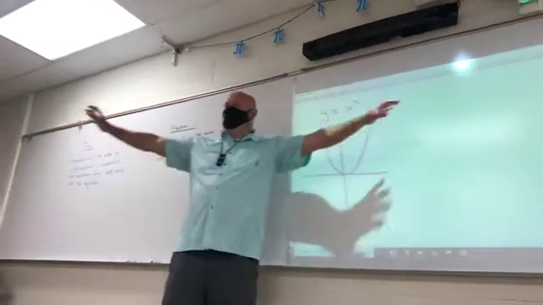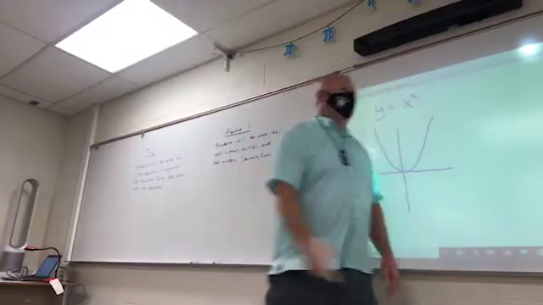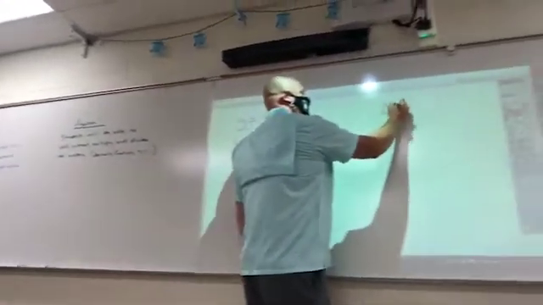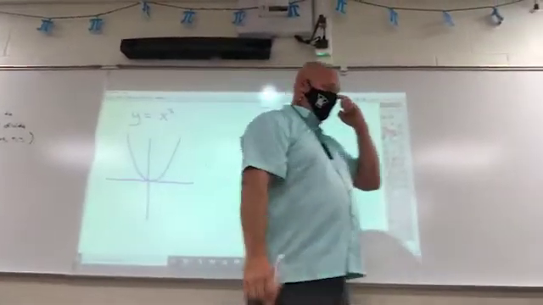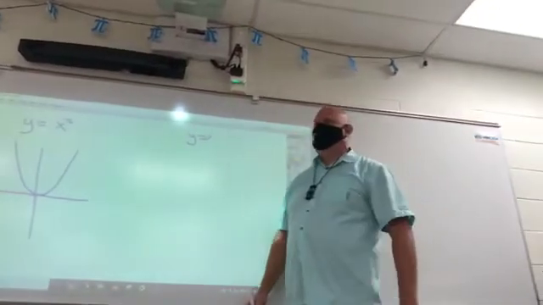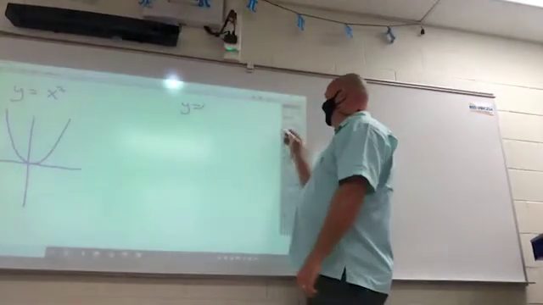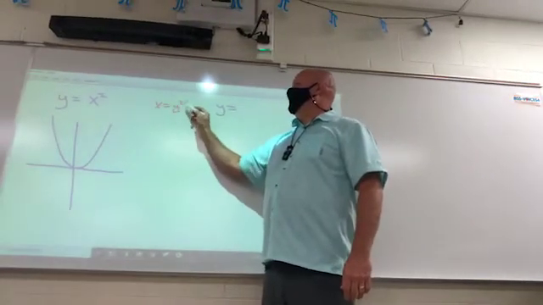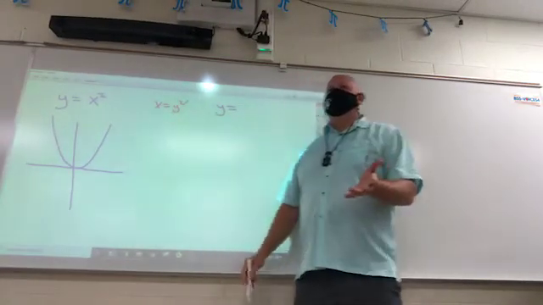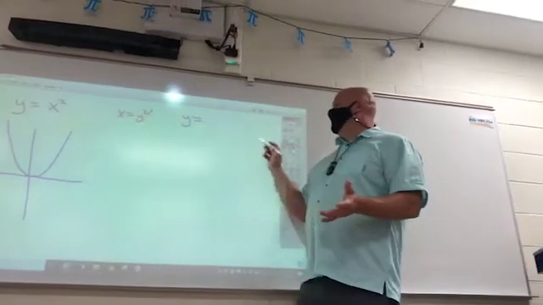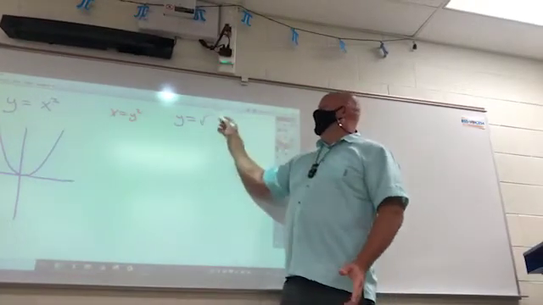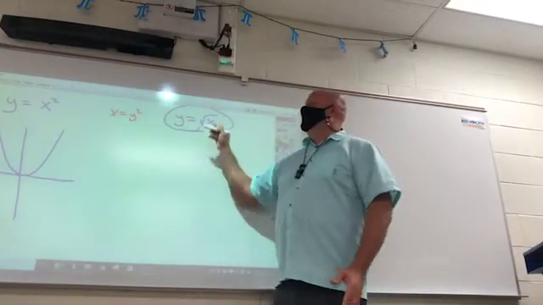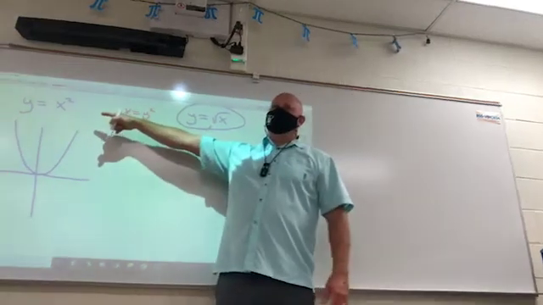What would the inverse function of that be? If you switch the x and the y, x equals y squared, solve for y, what are you going to get? Square root of x. Would you all agree this is the inverse function to that?